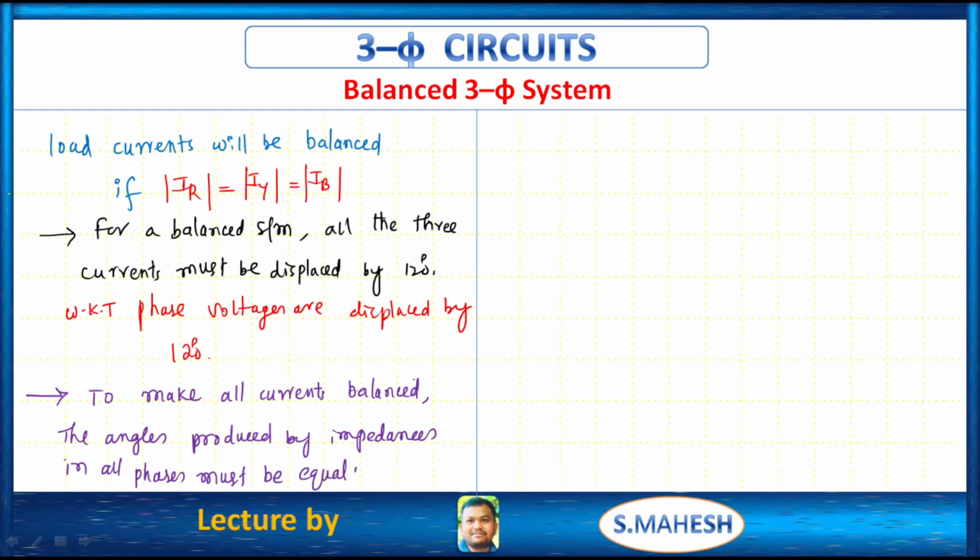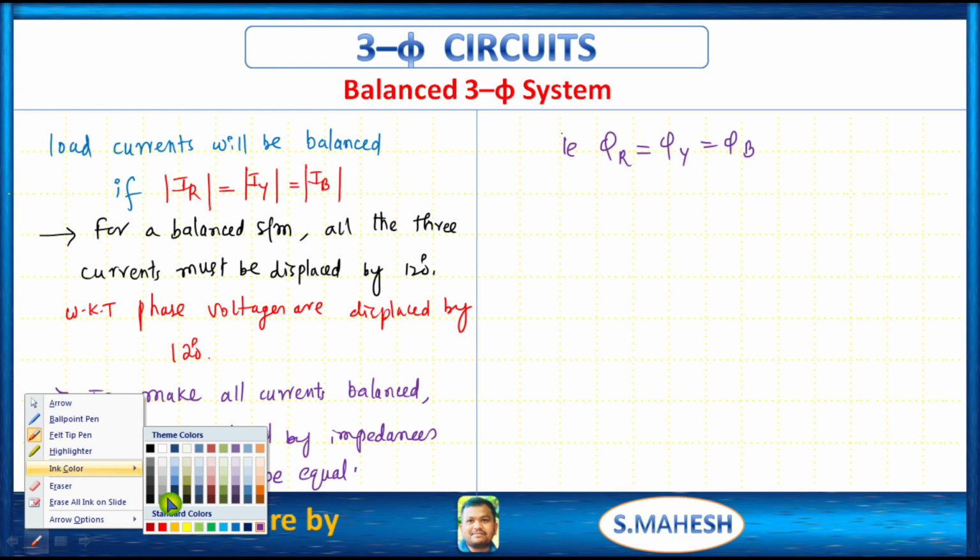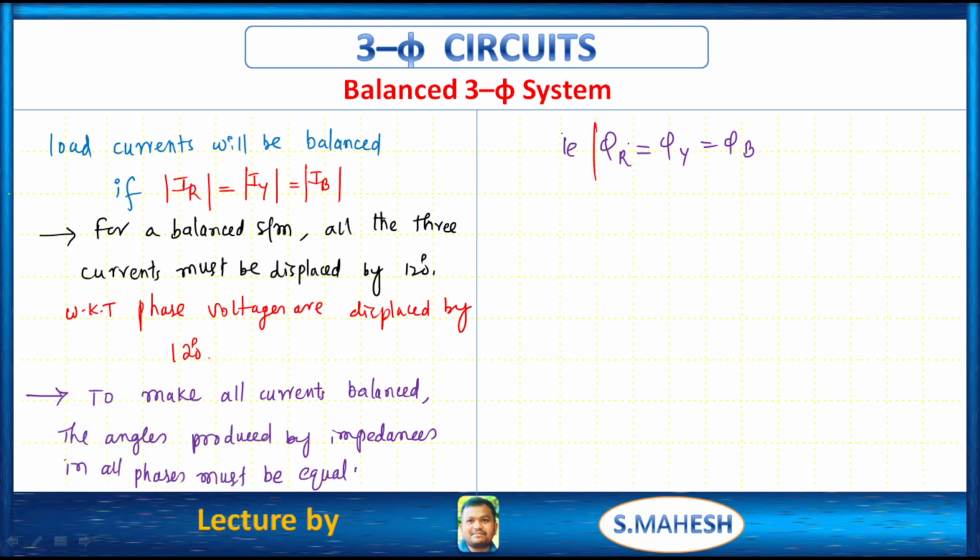Then only we are having balanced load currents. That is, phi R should be equal to phi Y should be equal to phi B, right? Then only we are having balanced load.